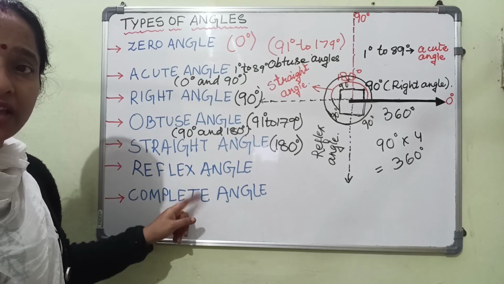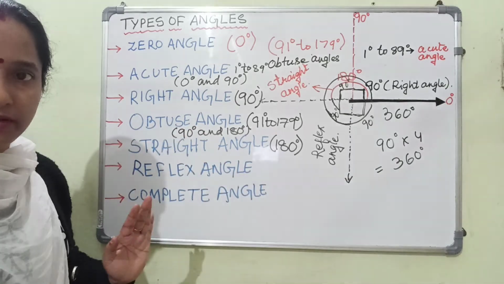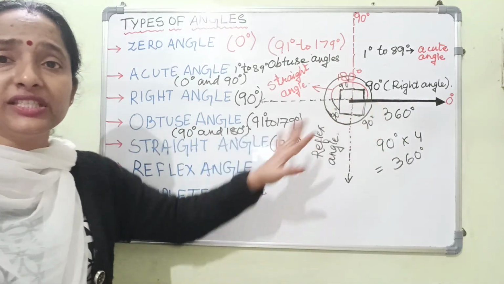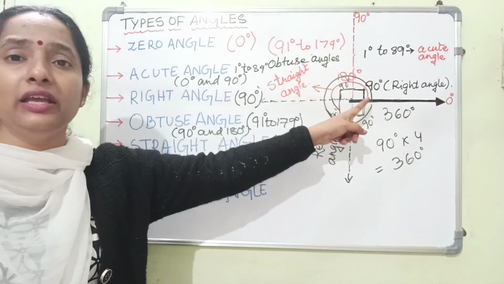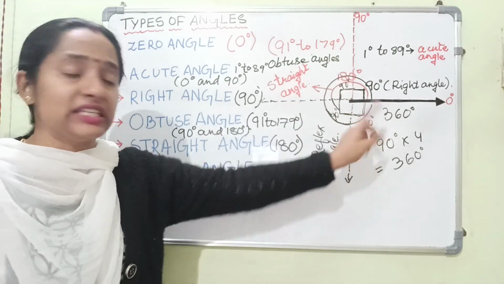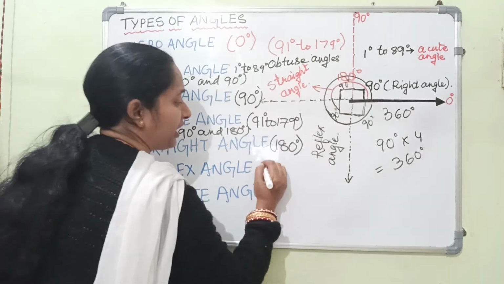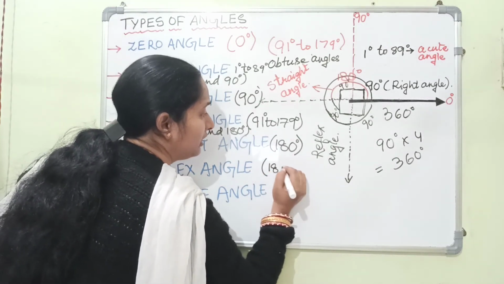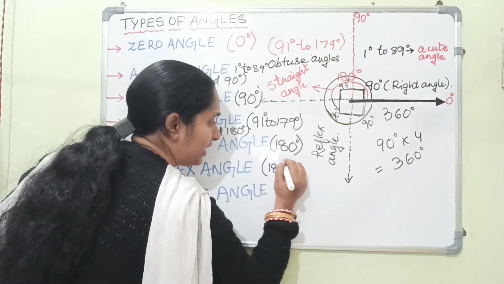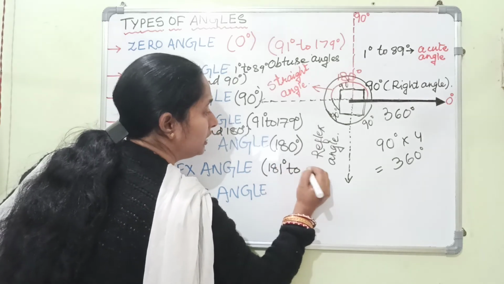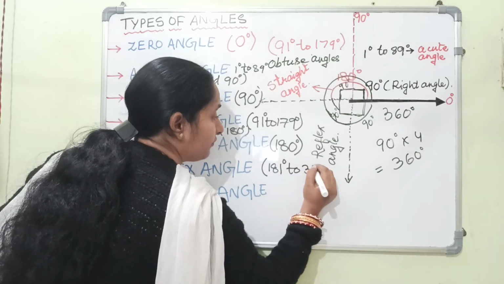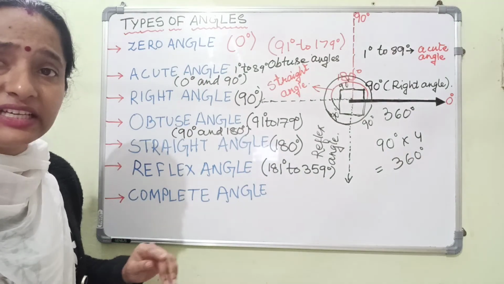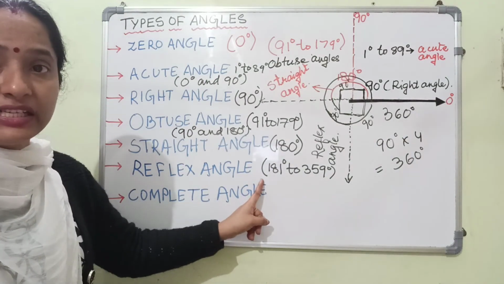Okay, next comes the reflex angle. Reflex angles are the angles that are more than a straight angle but less than a complete angle. What is the measurement of a complete angle, children? The measurement of a complete angle is 360. So the reflex angle is more than 180 degrees. It lies between 181 degrees and 359 degrees. All these angles will be considered reflex angles.